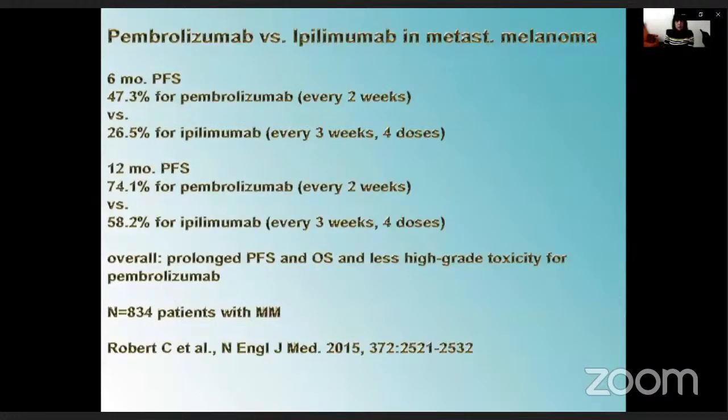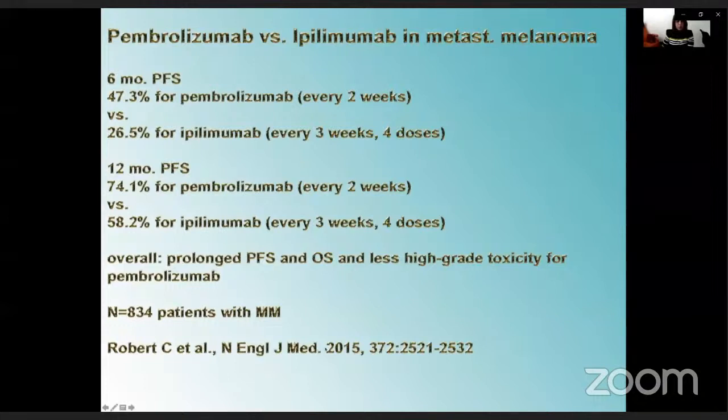The next step was to assess these criteria in patients treated with pembrolizumab, nivolumab, and so on. Because as you know, ipilimumab was the first immune checkpoint inhibitor, but some years later, newer immune checkpoint inhibitors, the so-called PD-1 inhibitors, were used, and these PD-1 inhibitors like pembrolizumab or nivolumab are much better concerning the progression-free survival and the overall survival.